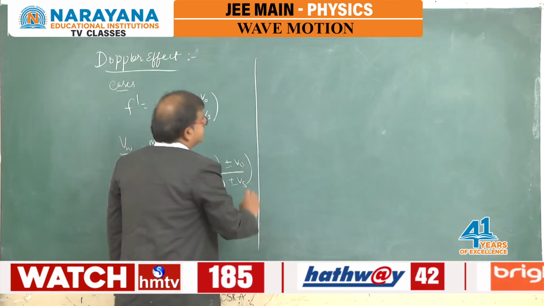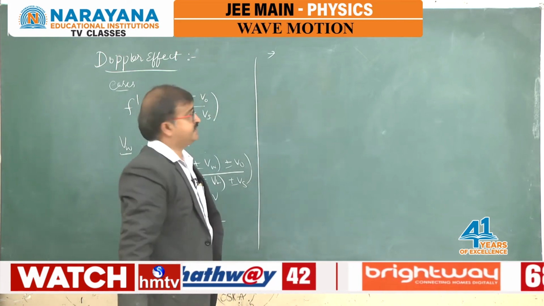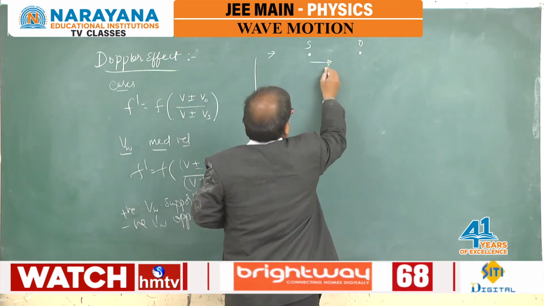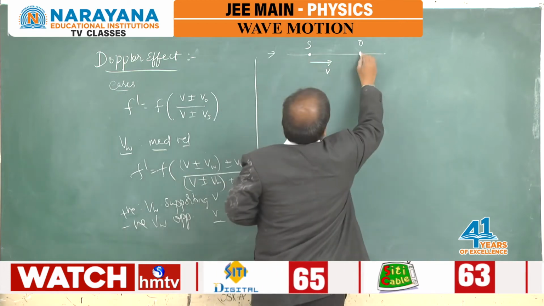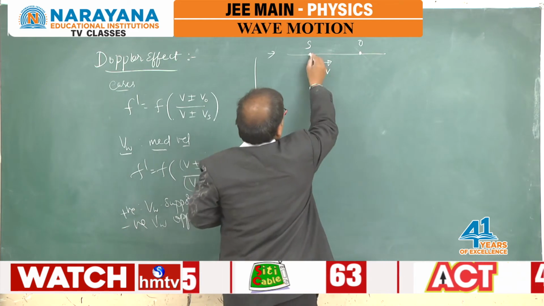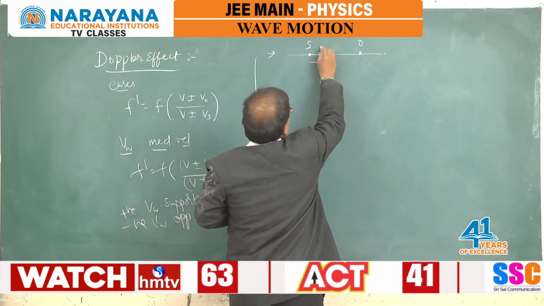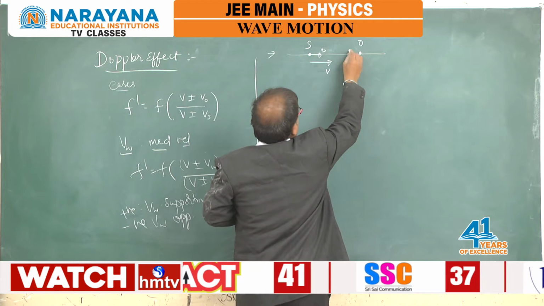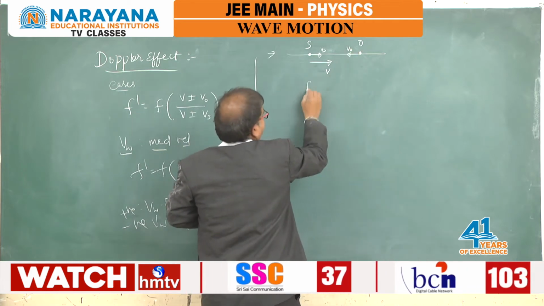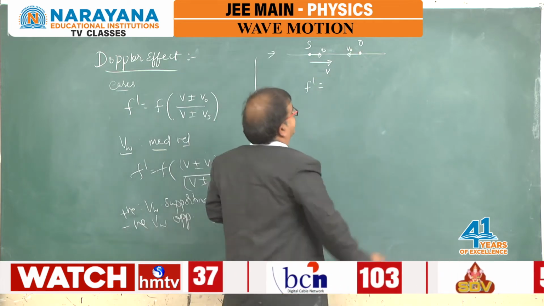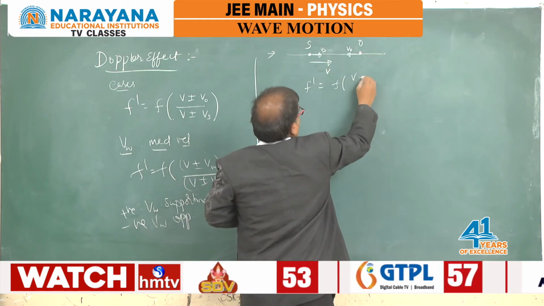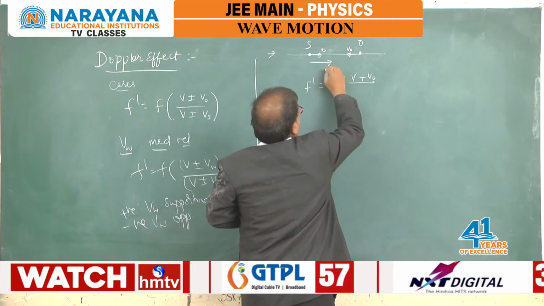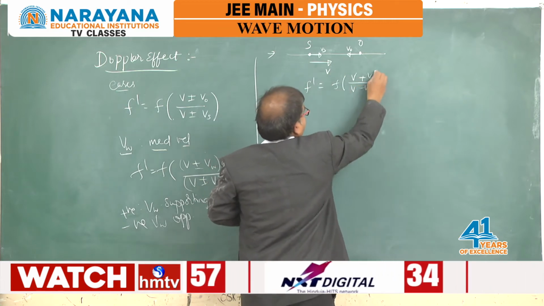And here in this case, just like different possible cases, sound always propagates from source to observer. So based on the general expression, either they may move like this, vs and v₀ as a thing like this. Then f' will be taken simply as f into v and v₀ are opposite in sense, v and vs are in the same sense.